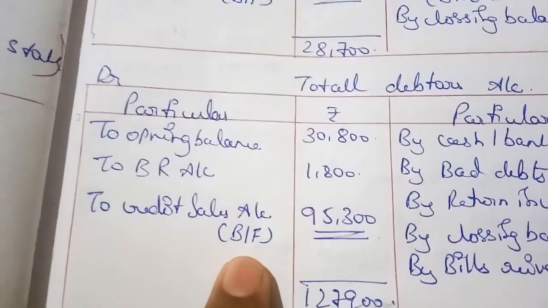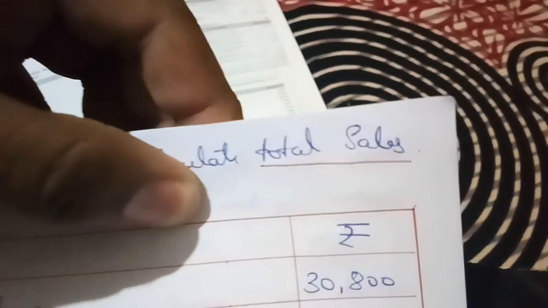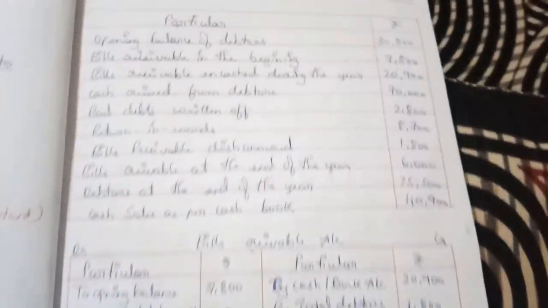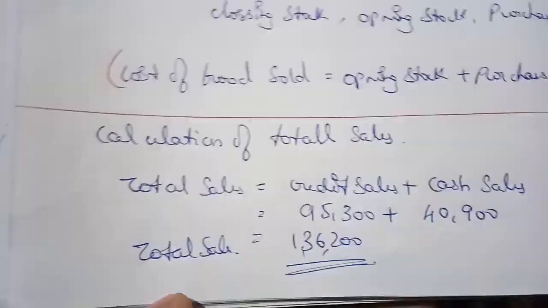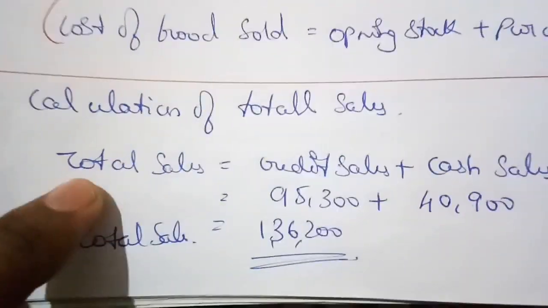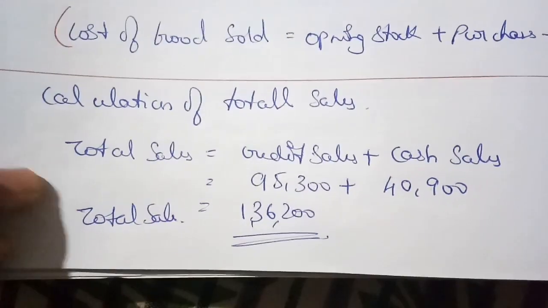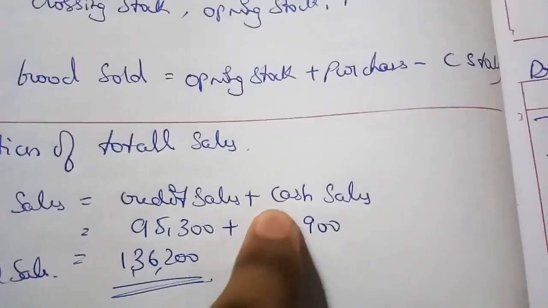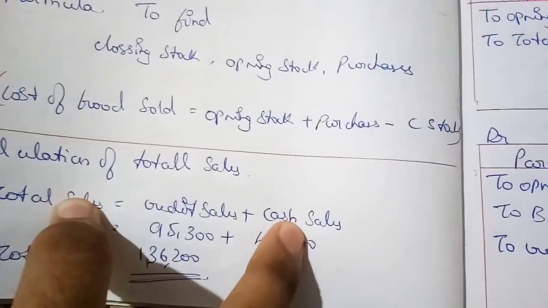Now we'll go and find out the total sales, which is a mystery. Let's move. So guys, I had said at first that something is here, this one. Yes, calculation of total sales. How we'll calculate total sales is by a formula: total sales equals credit sales plus cash sales. See, to find out total sales, we need credit sales and cash sales.